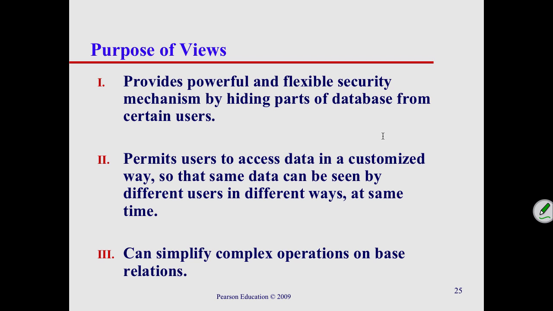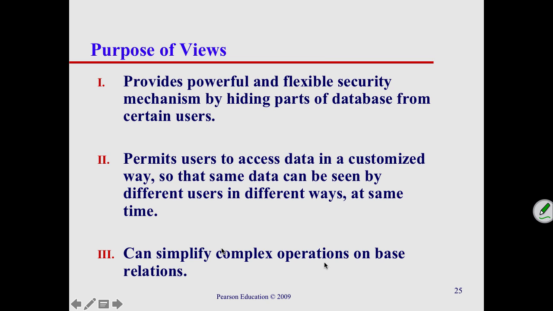The president perhaps and several other chief officers can see all staff. And then certain staff members can't see any of that information. It permits users to access data in a customized way. So the president may want to see the staff counts and average salary. That's a custom view.